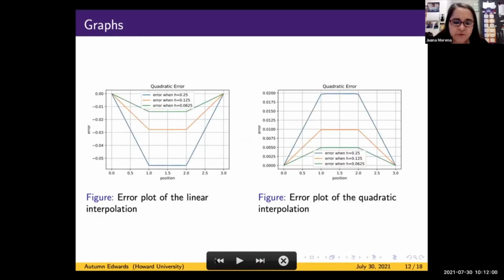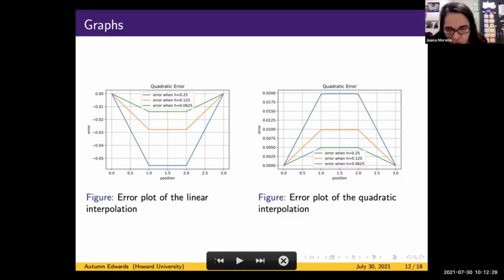My second question: when you compare the linear interpolation with the quadratic interpolation, it looked like the error in the quadratic is around half of the error in the linear, in most of your plots. So if that's the case, to do the quadratic interpolation will cost you more operations.